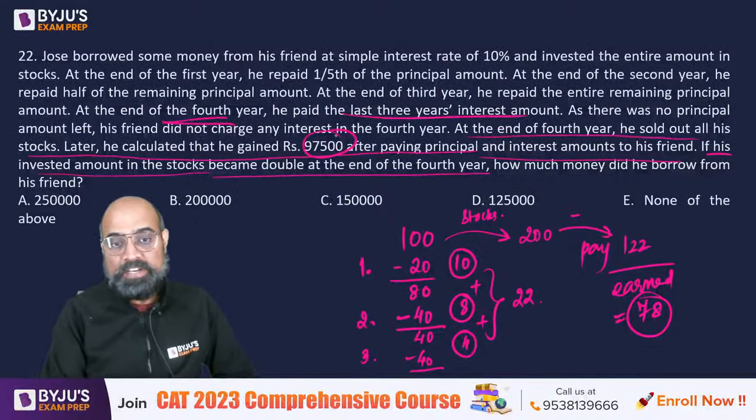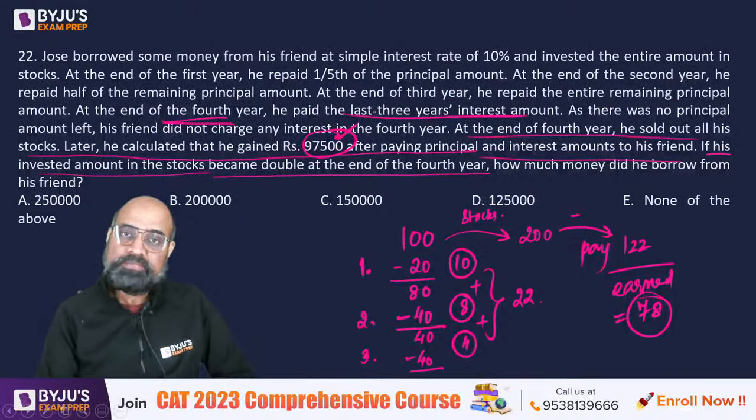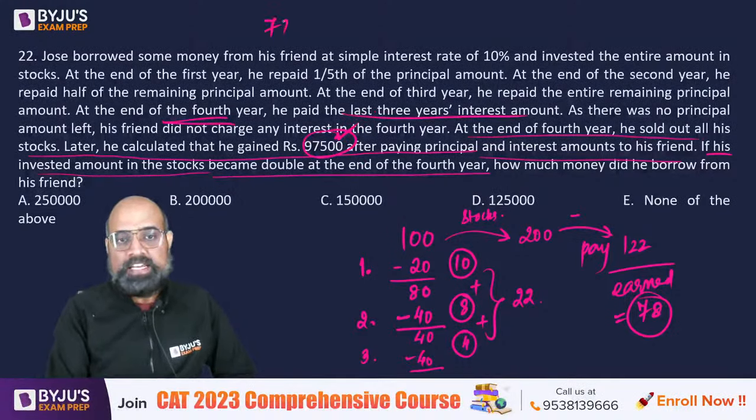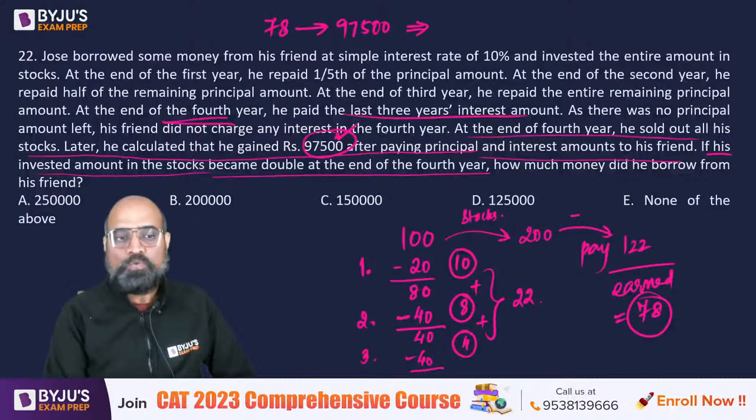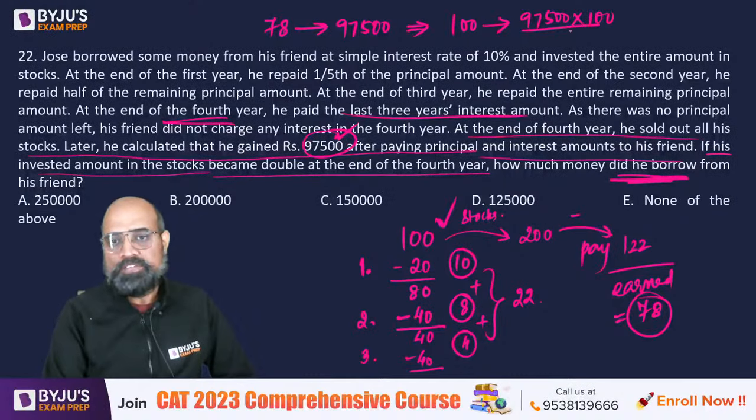But that earning is given as 97,500. So 78 represents 97,500. So what would 100 represent? 100 कितना होगा? So 97,500 into 100 upon 78.